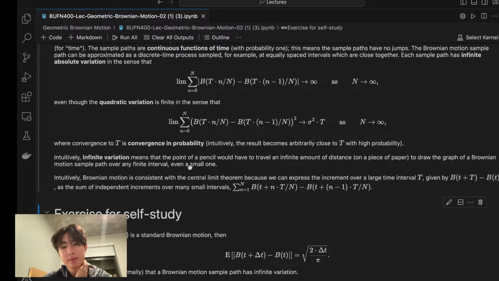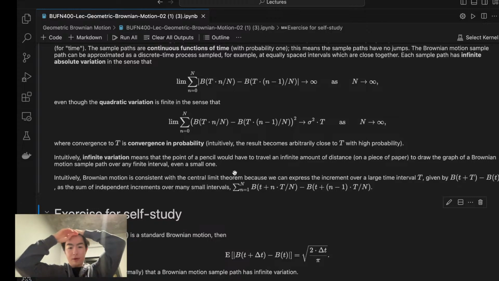Okay, so that kind of makes sense. The way that the text paints the picture of infinite variation is that a pencil would have to travel an infinite amount of distance on a piece of paper to draw the graph of the Brownian motion sample path over any finite interval. Kind of how a continuous function works, right?